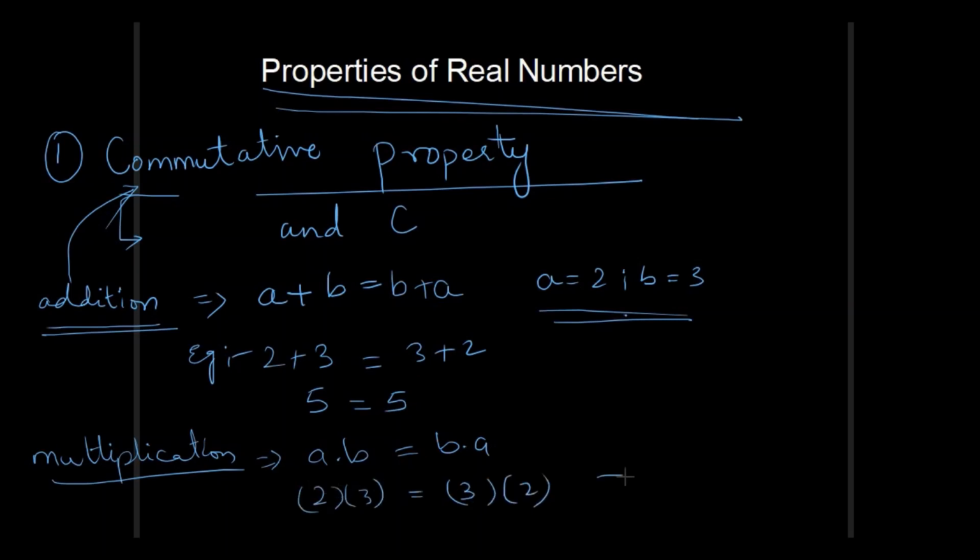We got 2 3s are 6 equals 3 2s are 6. So it also satisfies for multiplication. So we can say that the real numbers satisfy both the addition commutative property and the multiplication commutative property.